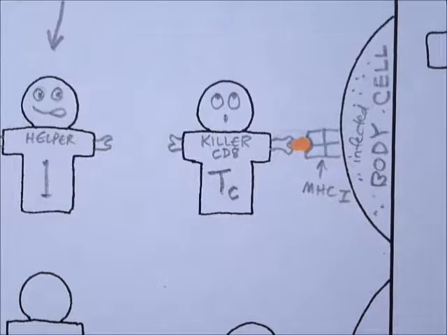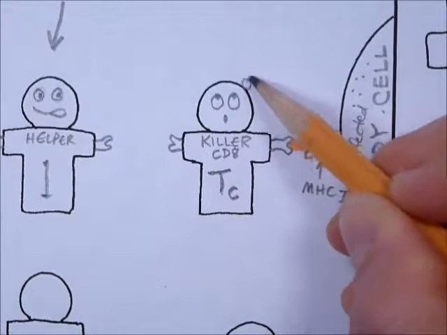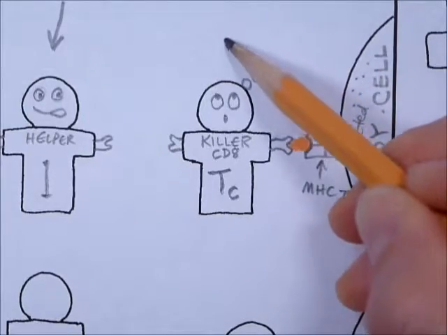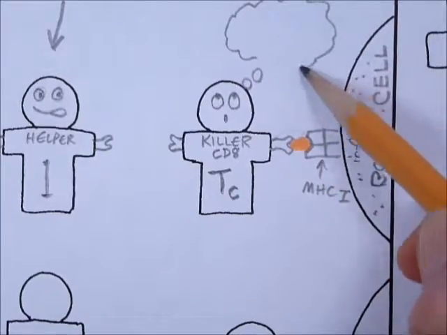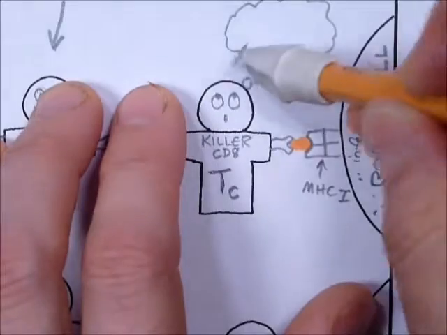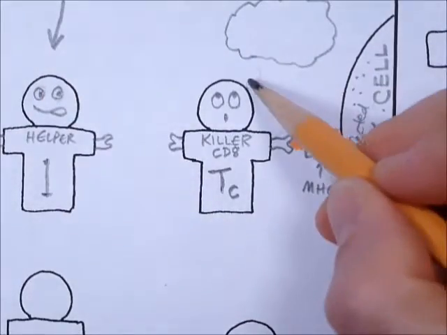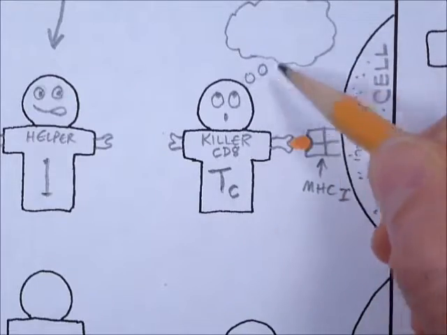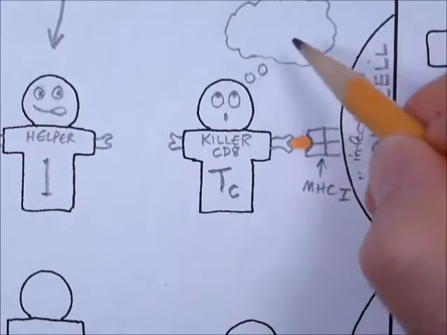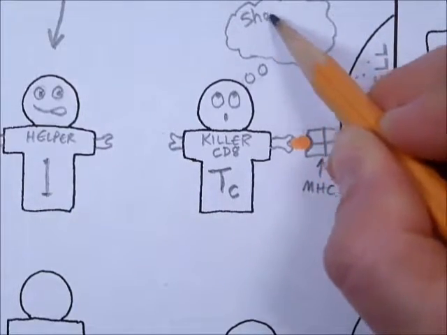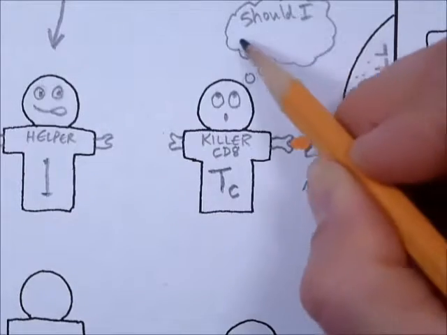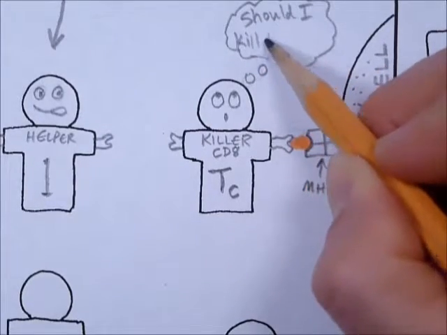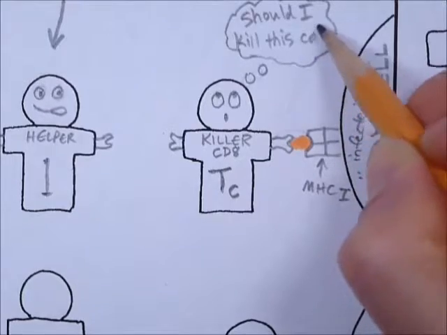So this killer cell is thinking, or maybe he's saying out loud, you could put a little quote bubble too, it doesn't have to be a cloud. He's thinking, should I kill this cell?